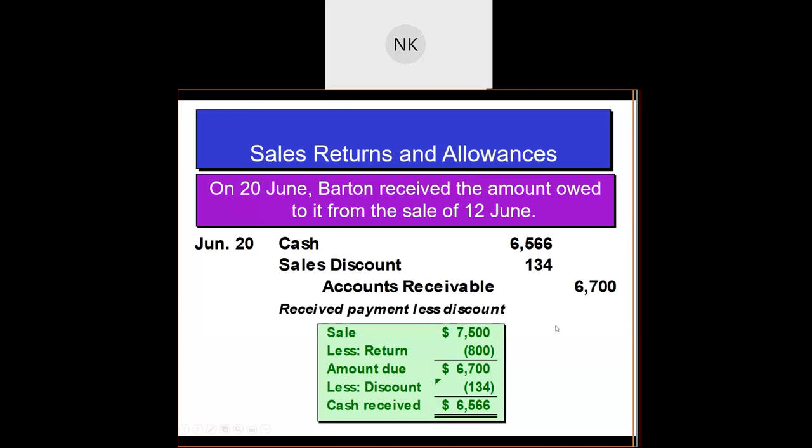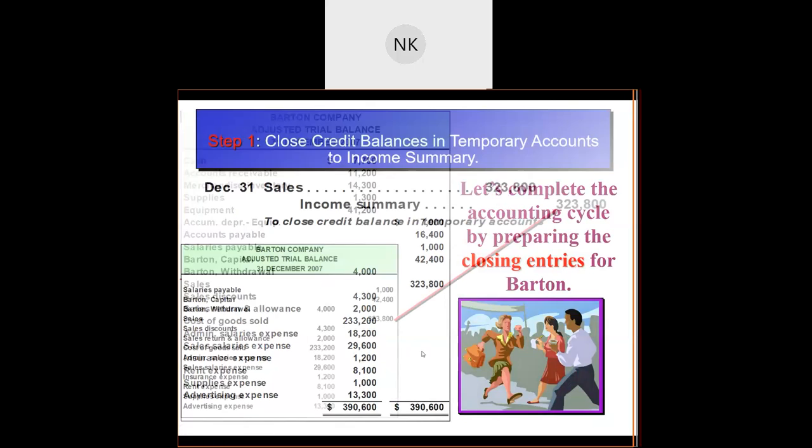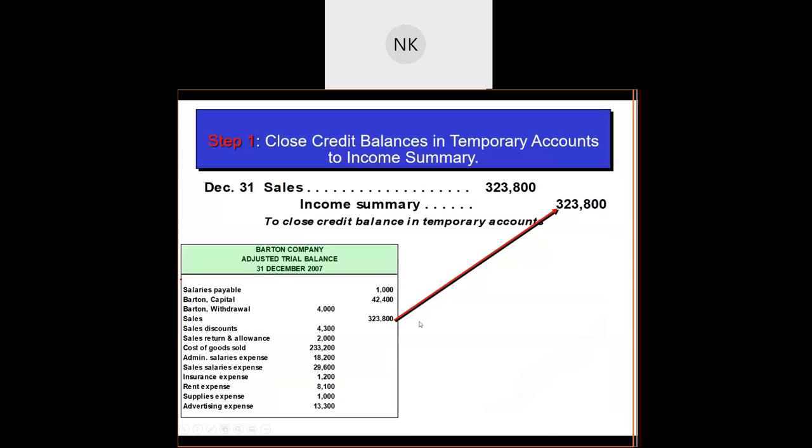Okay, so basically this is just to wrap up. Okay, these are the trial balance. Just go straight to the closing entry. Like I said just now, for the closing entry we have to gather all the debit items into income summary. We total them up.